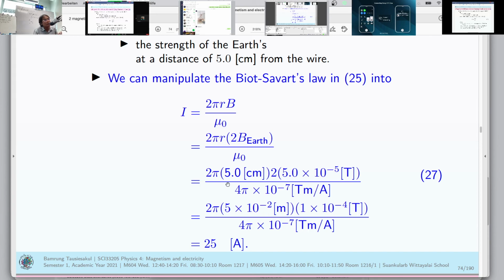And 5 becomes 5 times 10 raised to negative 2. When you observe that every unit here is in SI scale, you will now be able to put every number into the calculator, or even use your hand.